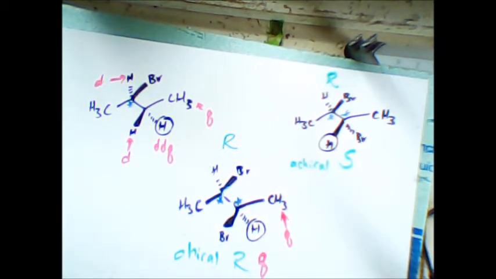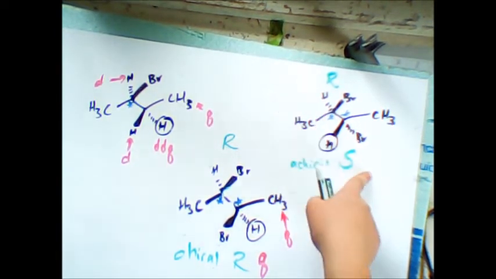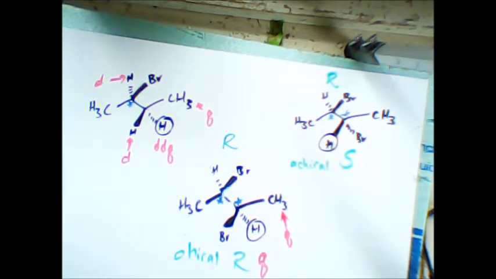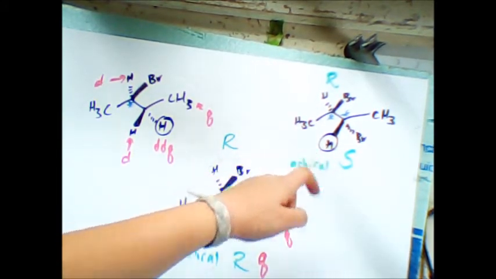What does this mean for us? So let's go through and replace the H's with D's again, so that we can keep our priorities and keep our R and S designation. We replace this guy with a D, he's still R, he's still S. Okay, cool. If we replace this guy with a D, he's still R, and he is still S. Okay, but what is the relationship between replacing this H versus replacing this H?